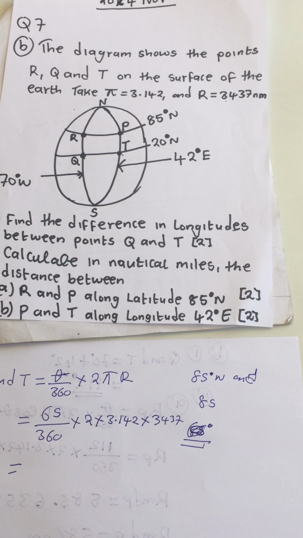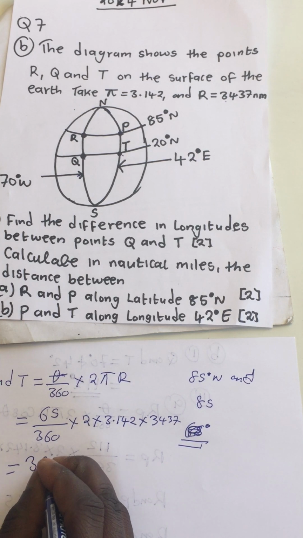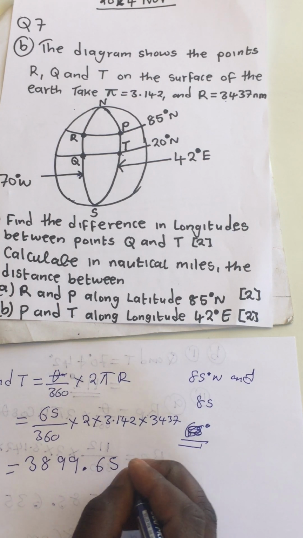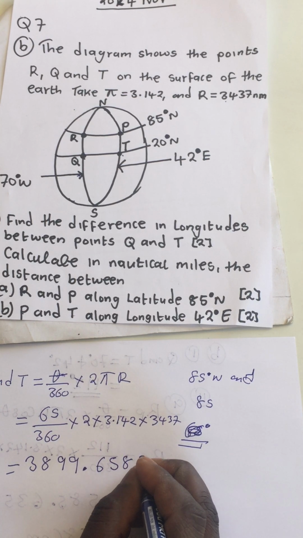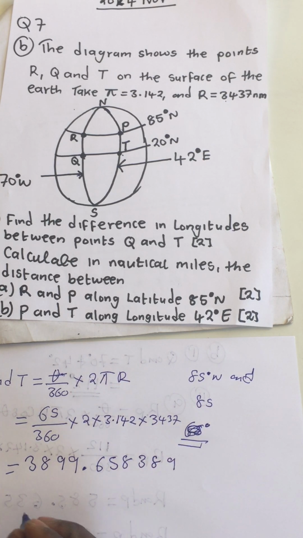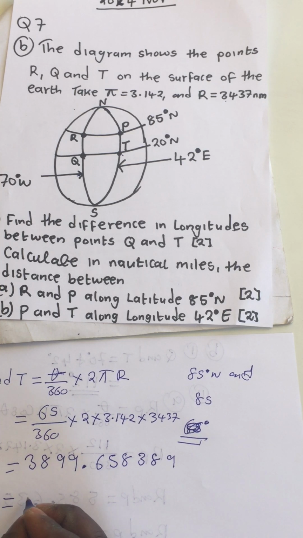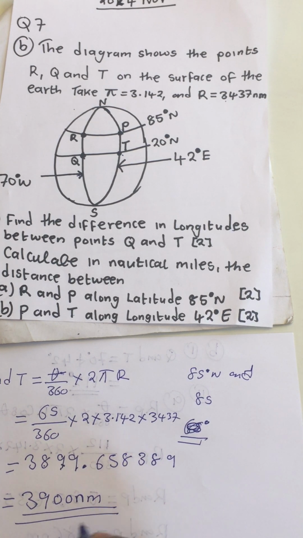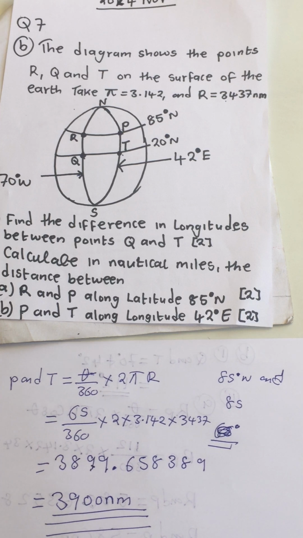You get 3899.65839. So you round it off to 3 significant figures. You get 1 from 9, you give to 8. So it becomes 3,900 nm, nautical miles. You end there. That's how you do it.